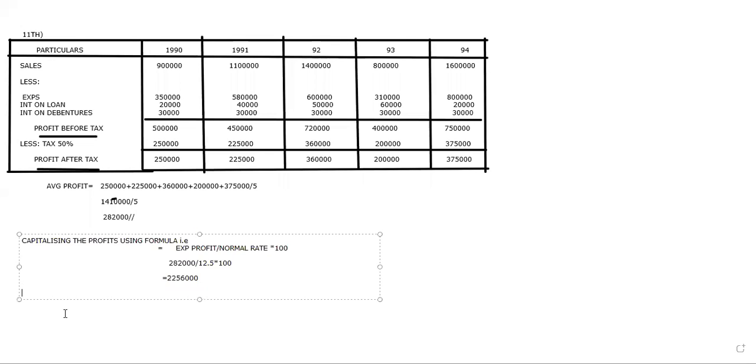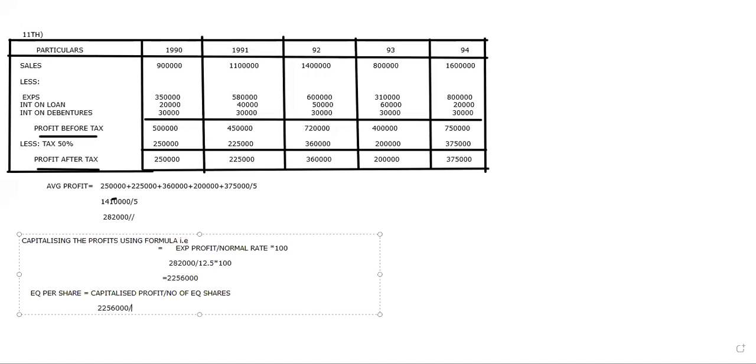Now we are going to use equity per share is equal to capitalized profit divided by number of equity shares. Here the capitalized profit is 22,56,000. Notes are not given, but he gave the share capital as 5 lakhs.